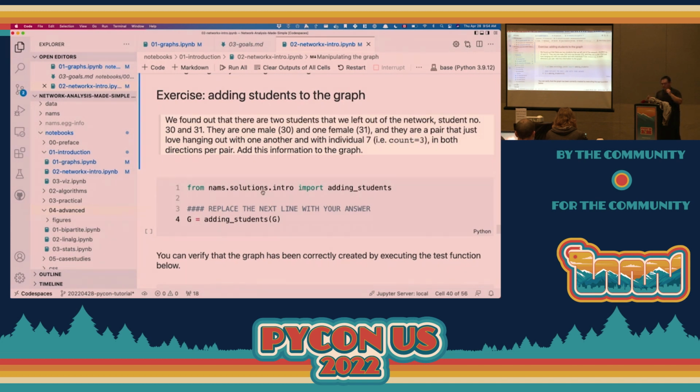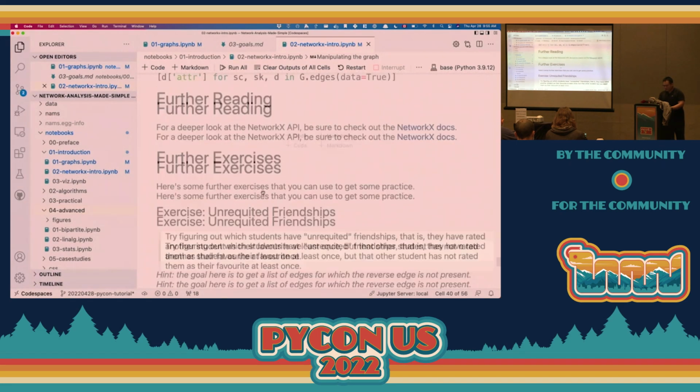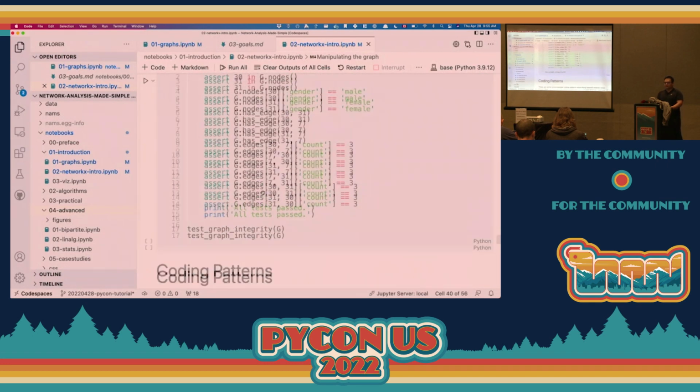So the way that we express that they love hanging out with one another is that we set their edge attribute count equals 3 on the graph. So I'd like you to go ahead and add this information onto the graph. You've seen the necessary APIs that are needed to make this happen. So spend about 2 minutes or so, and then once we're done with that, we can actually take a quick break.